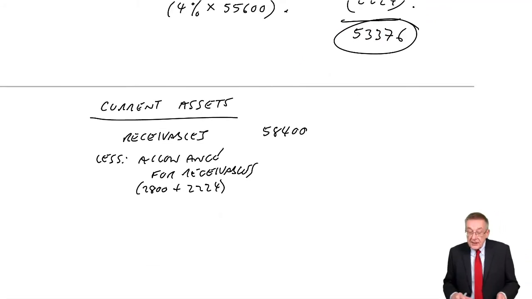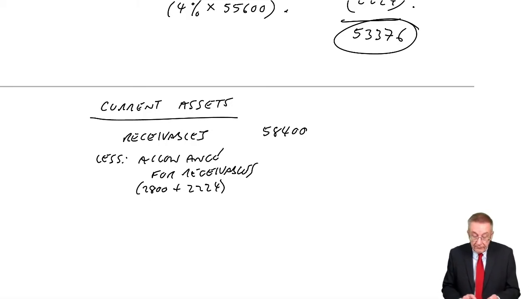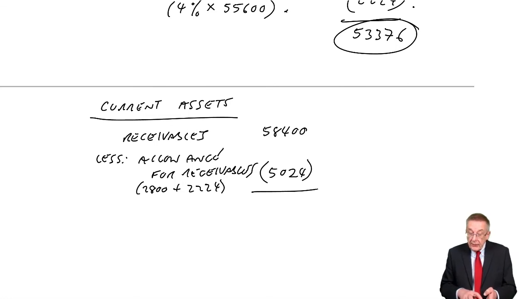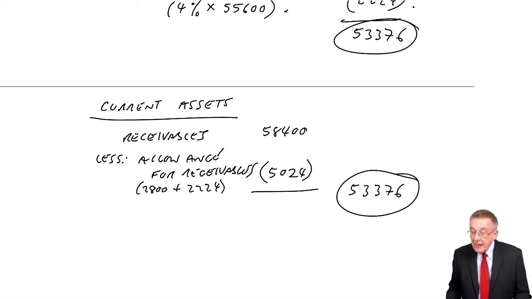On the statement itself, we only show the two together. 5,024, and therefore again the final figure on the statement of financial position is 53,376.